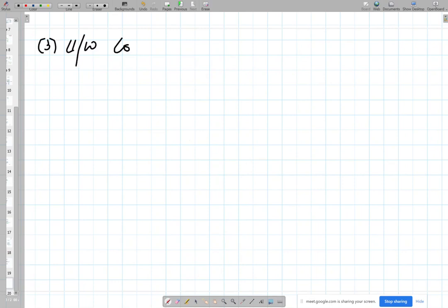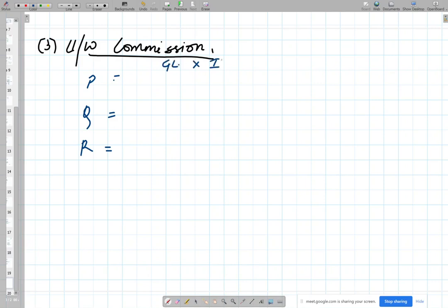Underwriting commission. So let's see how much is to be paid to each underwriter, P, Q and R. I gave you the formula for underwriting commission, which is gross liability into issue price into the rate of commission, right, whatever the percentage.